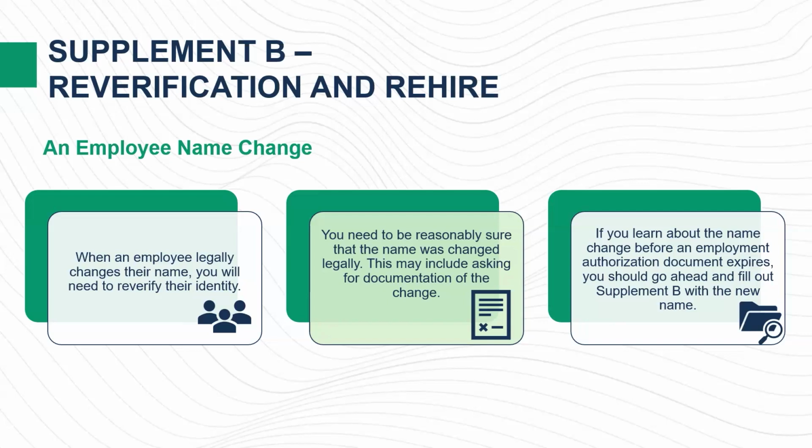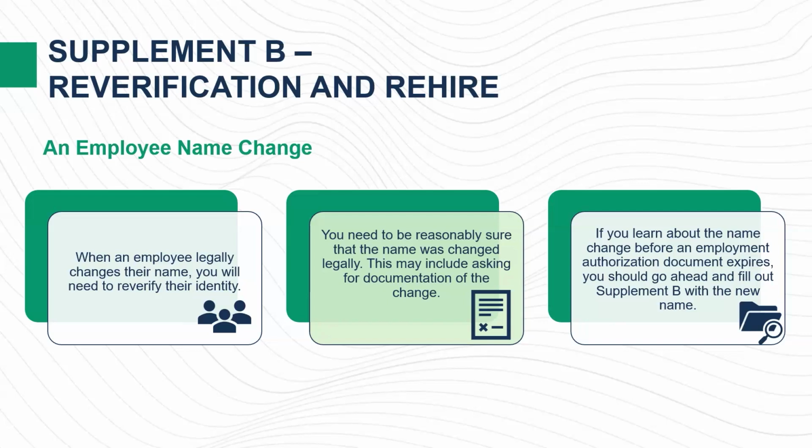Okay. You may also encounter situations other than a legal name change where an employee informs you that their identity is different from the time the I-9 was previously completed. If your employee informs you that their name, date of birth, social security number, whatever it might be, is substantially different from what they previously provided, and they're unable to provide evidence linking the new information to the identity previously used, you need to consult the USCIS website for next steps and possibly consult an immigration attorney.